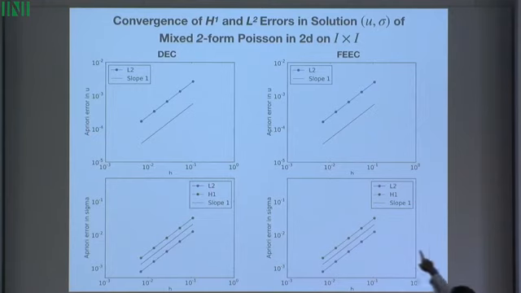This right-hand side is finite element exterior calculus error calculation, and the left-hand side is discrete exterior calculus error calculation on the same problem. This is on a square, 2 form. The bottom figure is the codifferential of the 2 form u. The 2 form is on the top, and the 1 form in the mixed form is on the bottom.